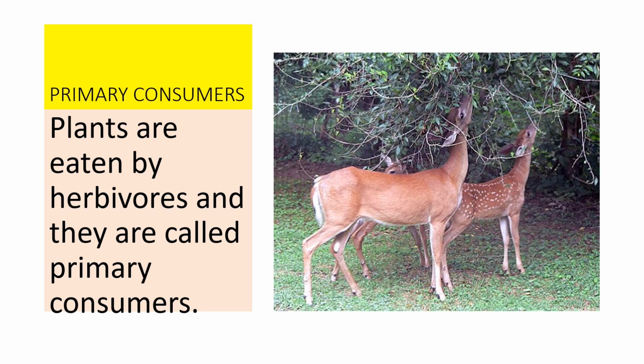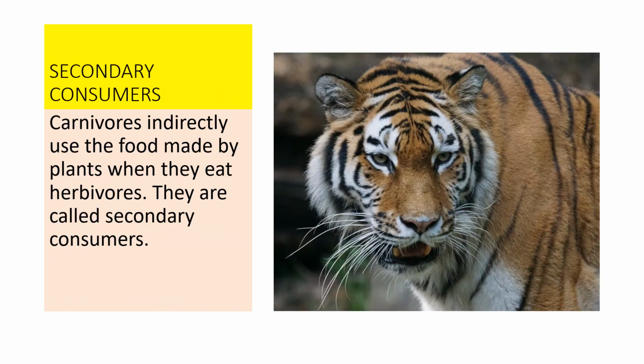Primary consumers. Plants are eaten by herbivores. They are called primary consumers. Secondary consumers. Carnivores indirectly use the food made by plants when they eat herbivores.